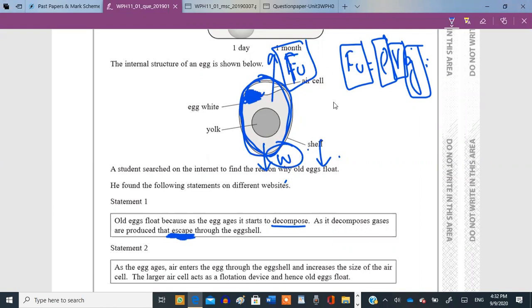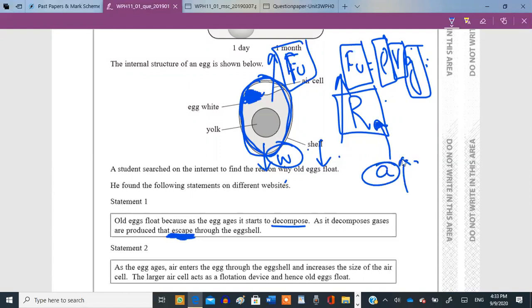If the weight is reducing and upthrust is constant, then a resultant force develops upwards, and therefore it will start accelerating upward, because the direction of acceleration is always the same as that of the resultant force. Clear? So that's all you need to write.